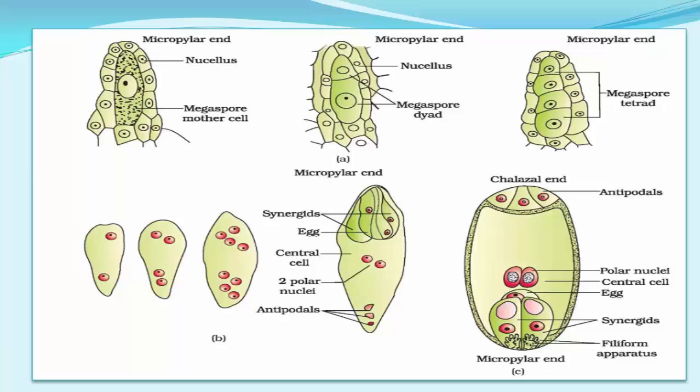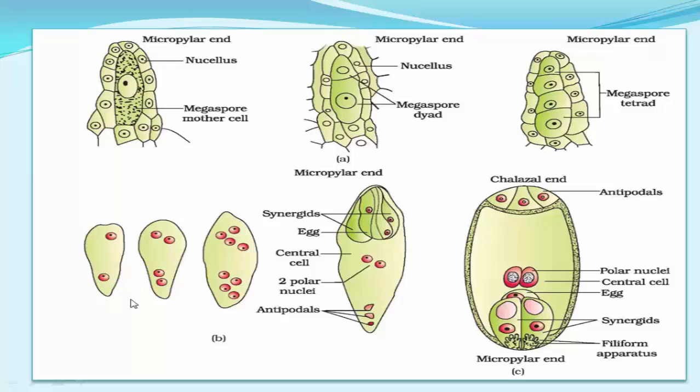What is the meaning of free nuclear division? It is not followed immediately by cell wall formation. Without cell wall formation, the nucleus of a functional megaspore undergoes mitotic division and finally gives rise to the formation of the mature embryo sac.